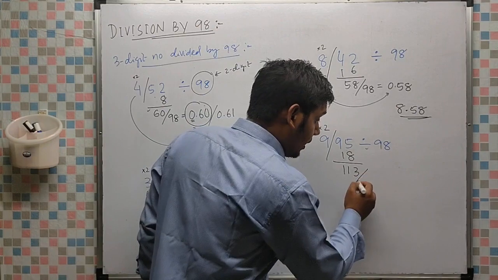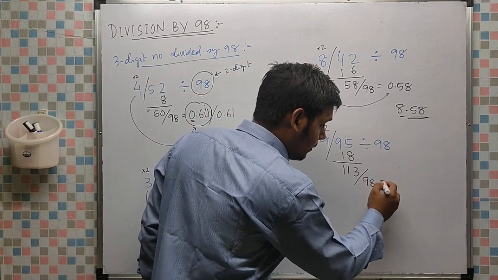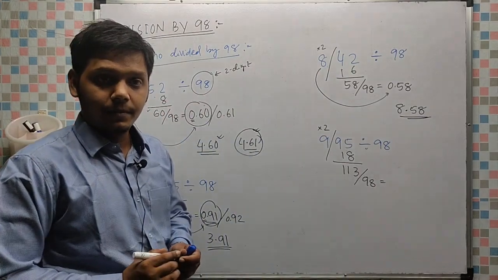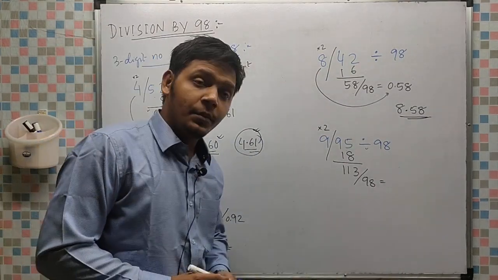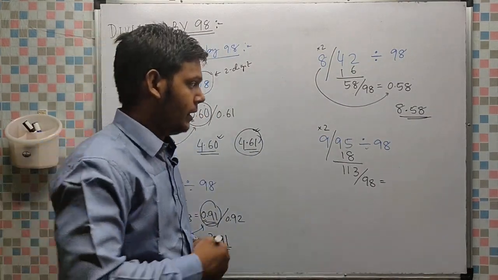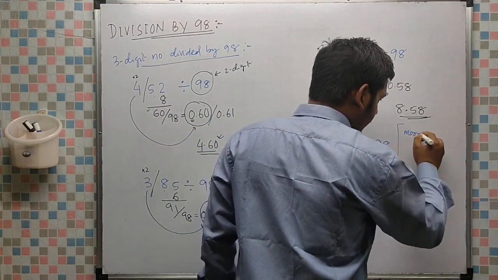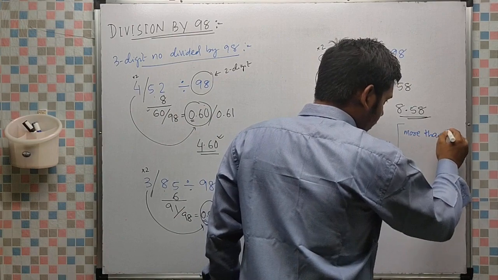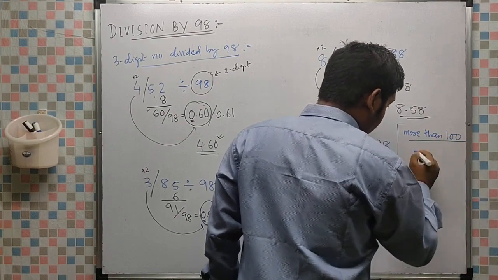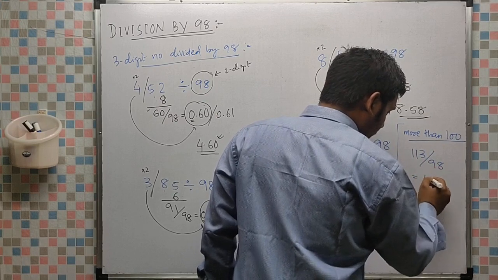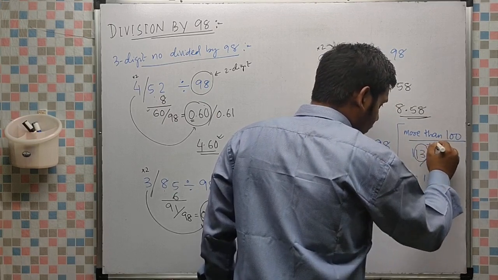Now how can we divide 113 by 98? If the sum is more than 100, then what you have to do? 113 by 98 means 1 point, last 2 digits plus 2.